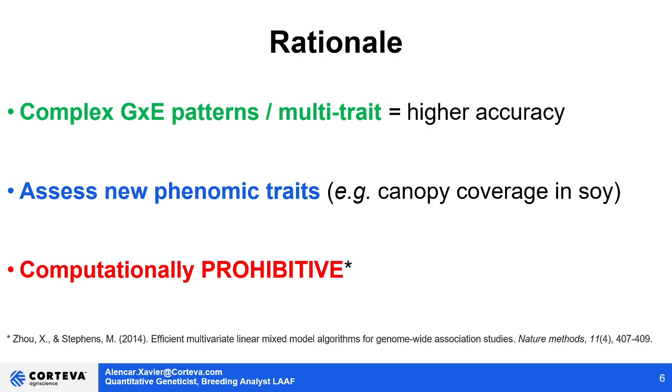Because for every trait you add into the model, you can increase the computational cost by the number of traits to the exponent 7, according to Zhou and Stephens 2014. So modeling multiple traits is not a common practice in the sense that it has not been a feasible technique to deploy.